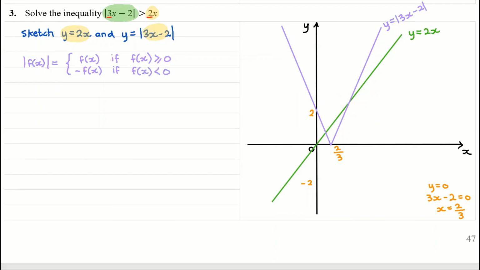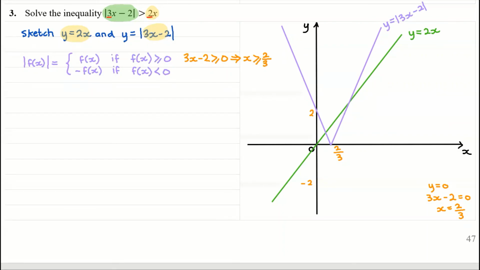Now, in this instance, the function that we're talking about is 3x subtract 2. So if we solve the inequality, when is the function 3x subtract 2 greater than or equal to 0? Well, that is when, of course, x is greater than or equal to 2/3. Which you can see clearly from the diagram.